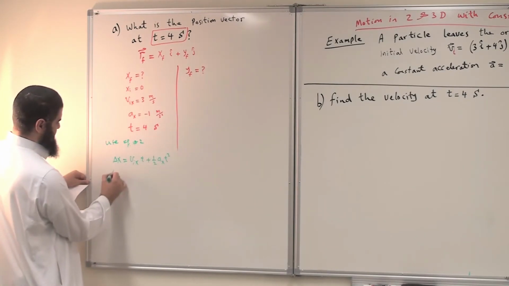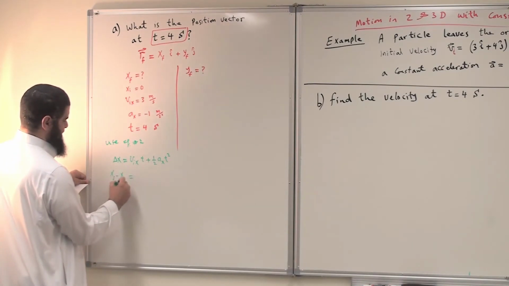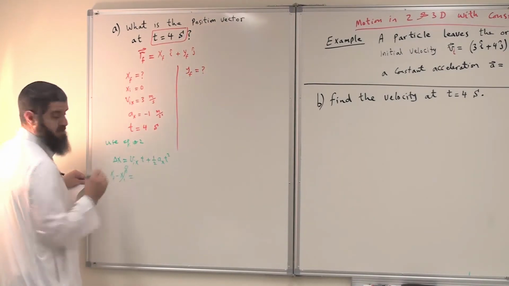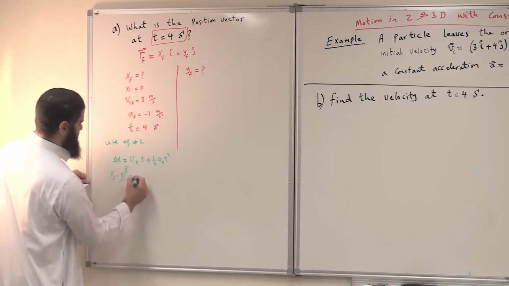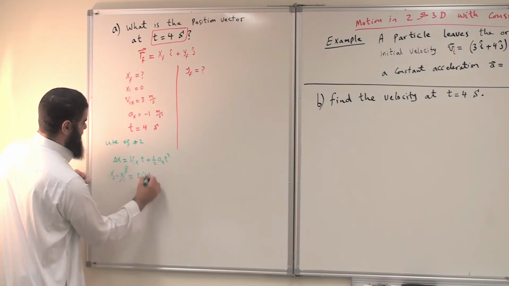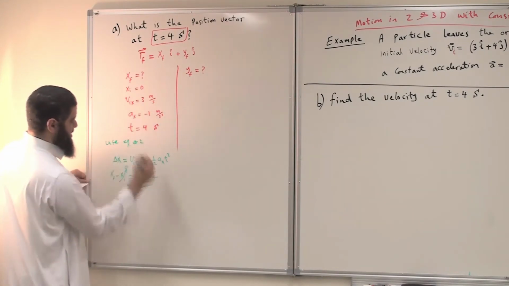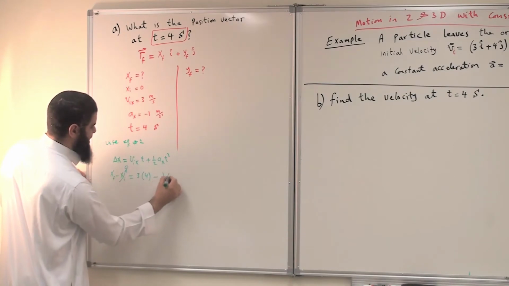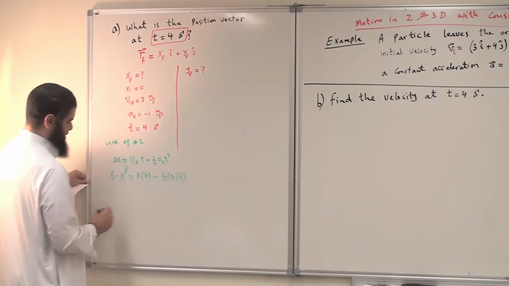So this is x final minus x initial equals, of course, x initial is 0 because it was at the origin, and v initial x is given to be 3 multiplied by 4, minus, because here the acceleration is -1, so this is minus 1/2 multiplied by 1, t squared, which is 4 squared.